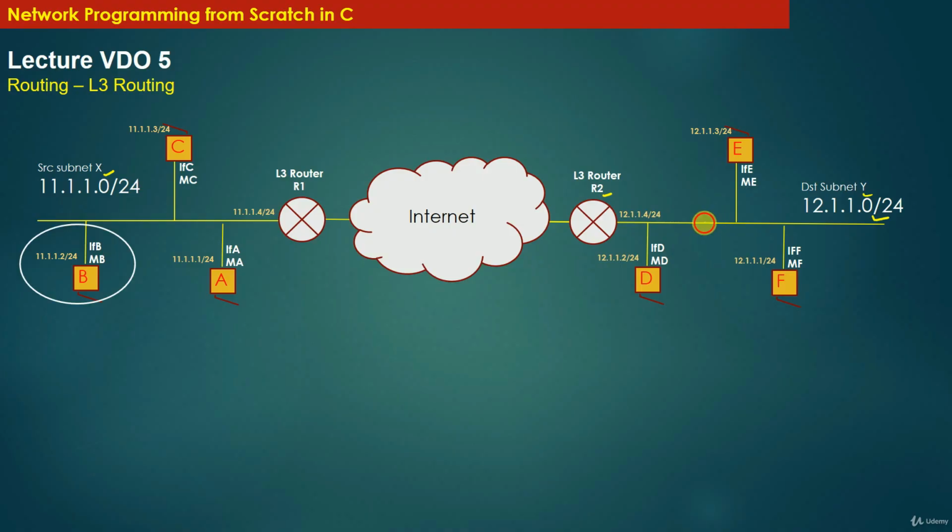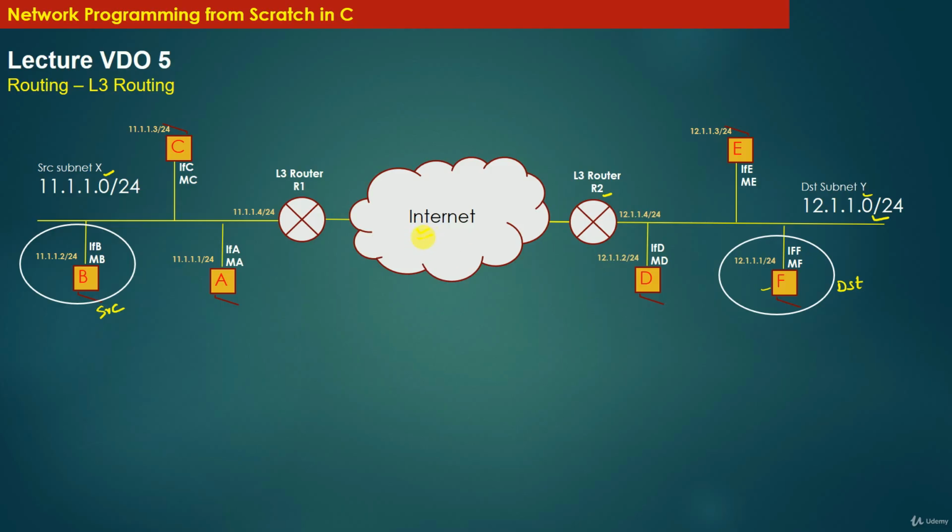And let us say that in our example, machine B is the source machine and machine F is the destination machine. Meaning that the source machine B, which is present in subnet X, wants to send data to machine F, which is present in subnet Y. And remember, in between these two subnets there is an internet.